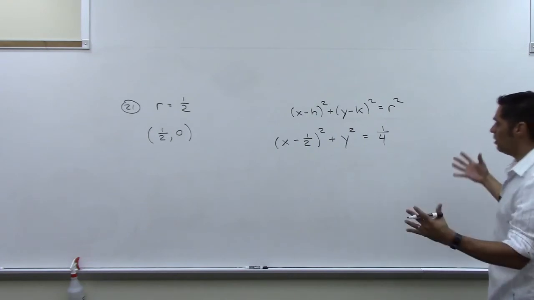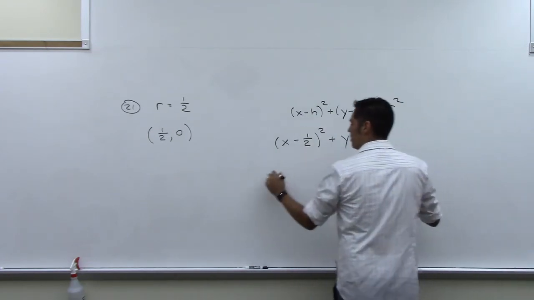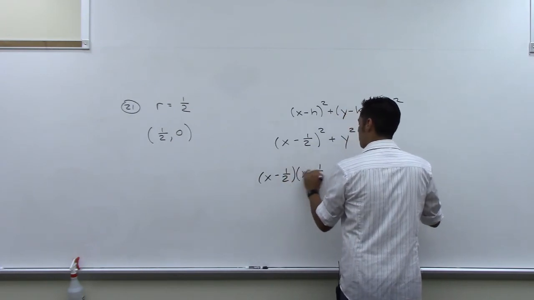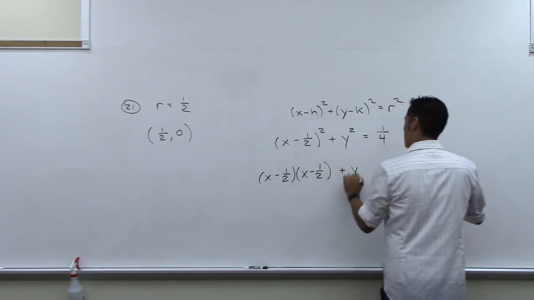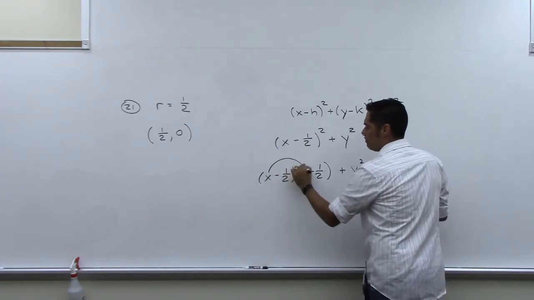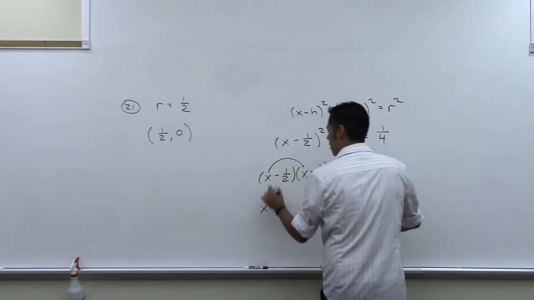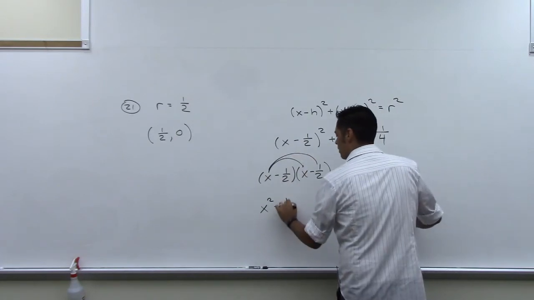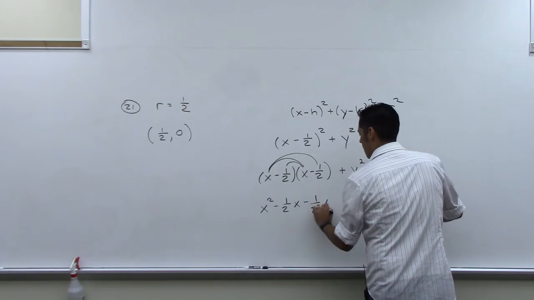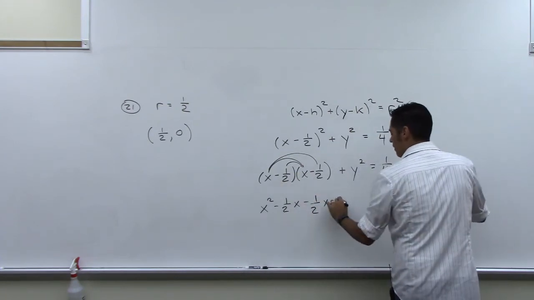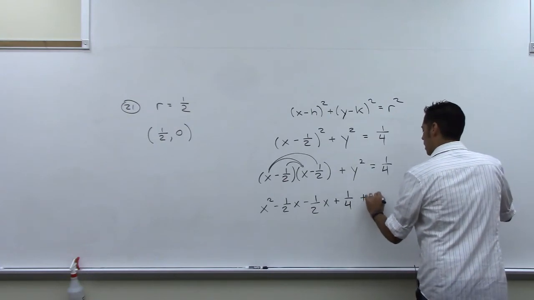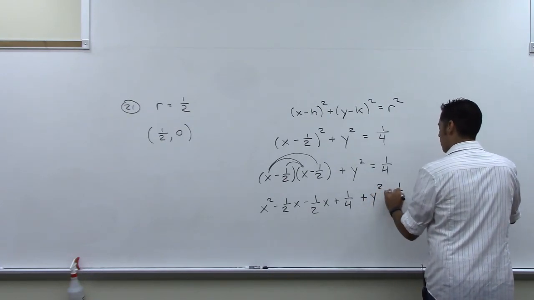Now the general form will expand this out, so I'm going to multiply this times itself. For this one, I'll write it down so you can see a little more of the detail. I'm going to FOIL this out. So we get x squared, then minus 1/2 x, minus another 1/2 x, and then negative 1/2 times negative 1/2 is positive 1/4, plus y squared equals 1/4.